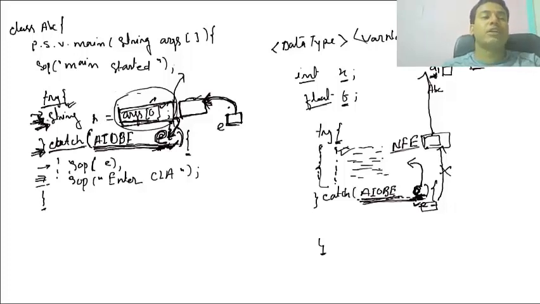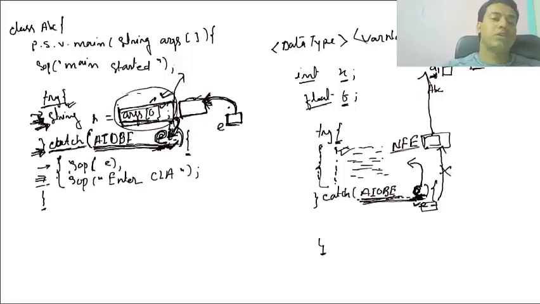But if the try block is not giving any exception, then will the control come into catch? It will never come. Why will it not come? Because here no exception is generated. Then e is not going to point to any object, so control is not flowing into the catch block, and the catch block is not going to execute.